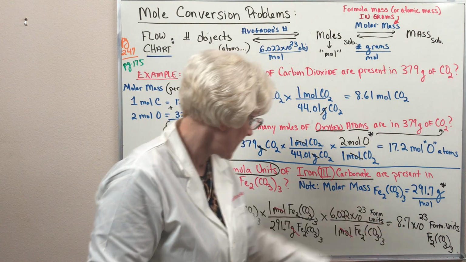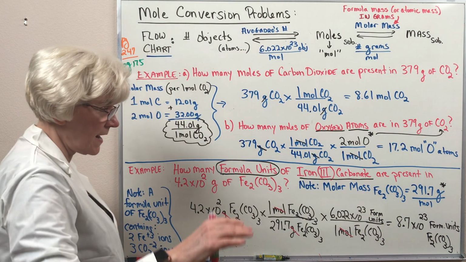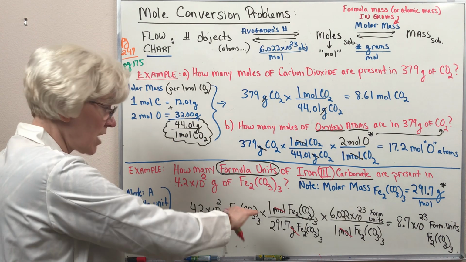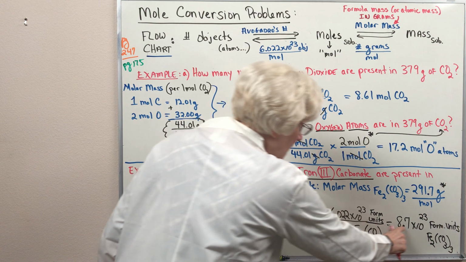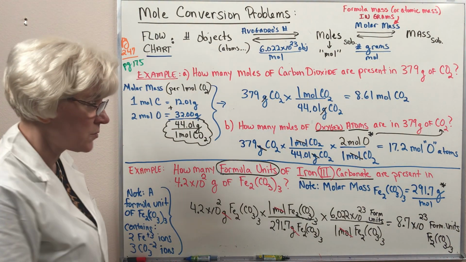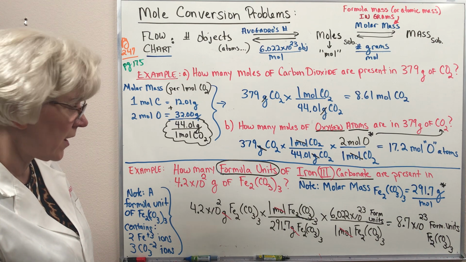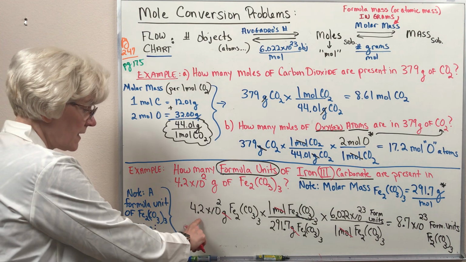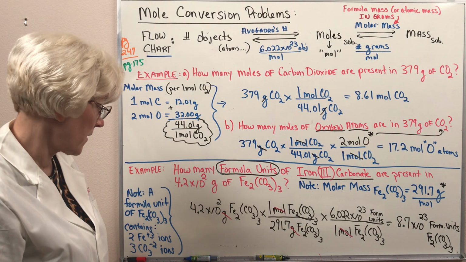So our final answer, if we go through the calculation, and I'm going to trust you to double check me with it, is 8.7 times 10 to the 23rd formula units of iron 3 carbonate that are present in 420 grams of iron 3 carbonate.